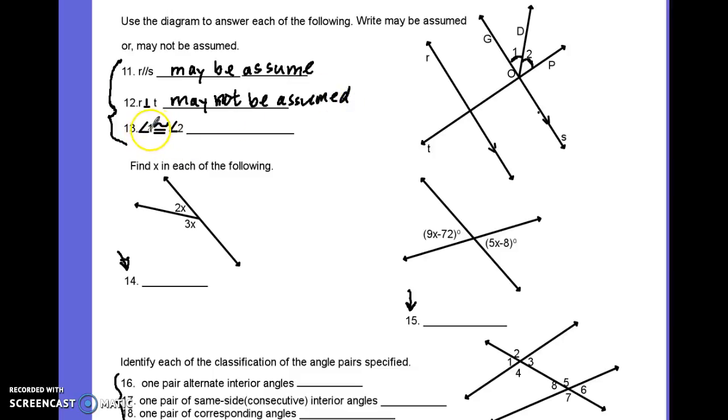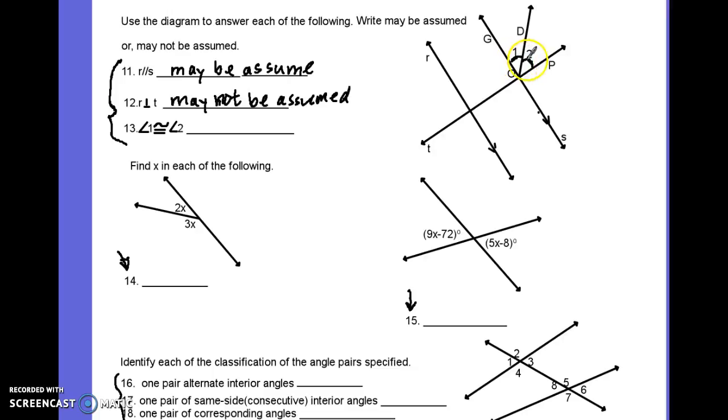How about this one? Angle 1 congruent to angle 2. Angle 1 congruent to angle 2. What do you think? May we assume those two angles are congruent? Yes, we may. Once you've got an arc here and a matching arc over here, those two arcs indicate that the angles are the same. This could be 39.